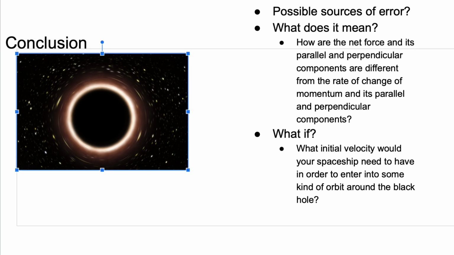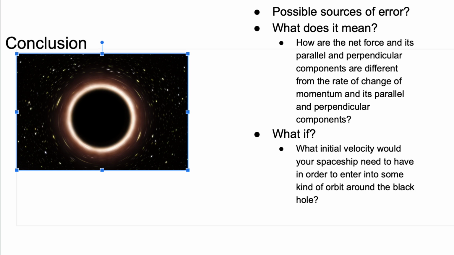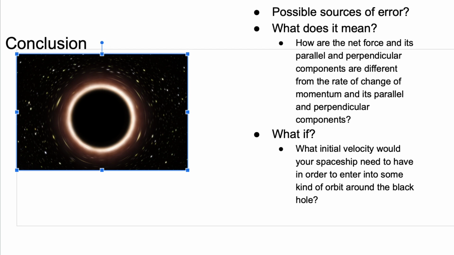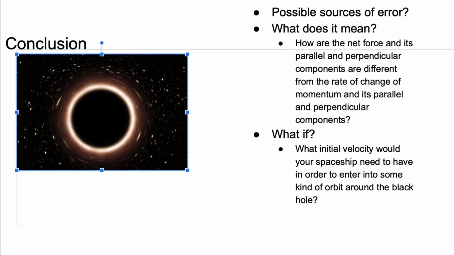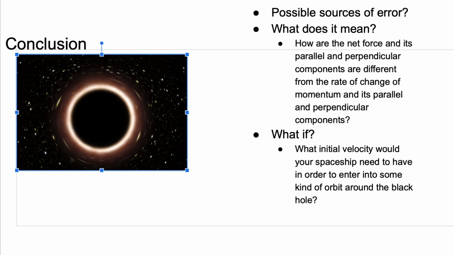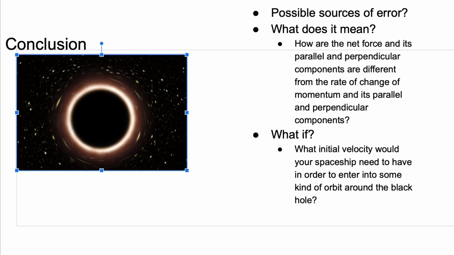Because of this, our calculations aren't 100% accurate given a real world situation. For instance, if someone were to actually fly a spacecraft near a black hole, I wouldn't recommend basing their plans off of this experiment.